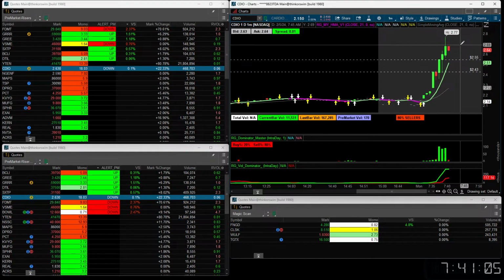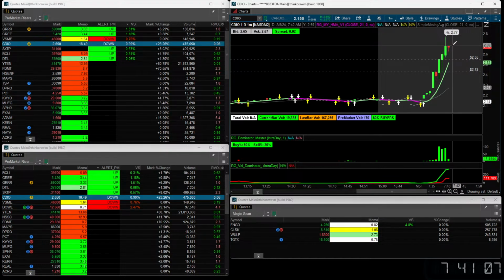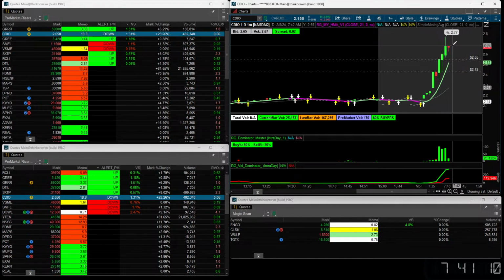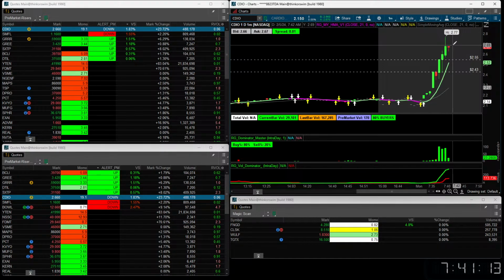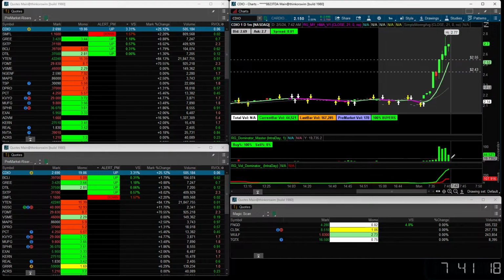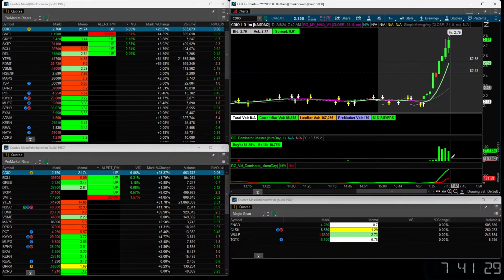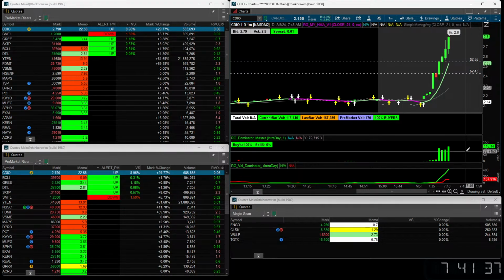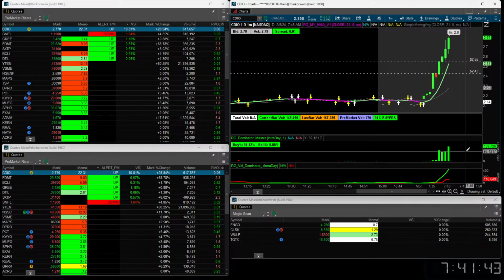I'm going to say this one's probably pretty much getting towards its maximum. Need some more buyers to come in. If they do, then it'll go up a little more. Nice green bars. Nice run up.